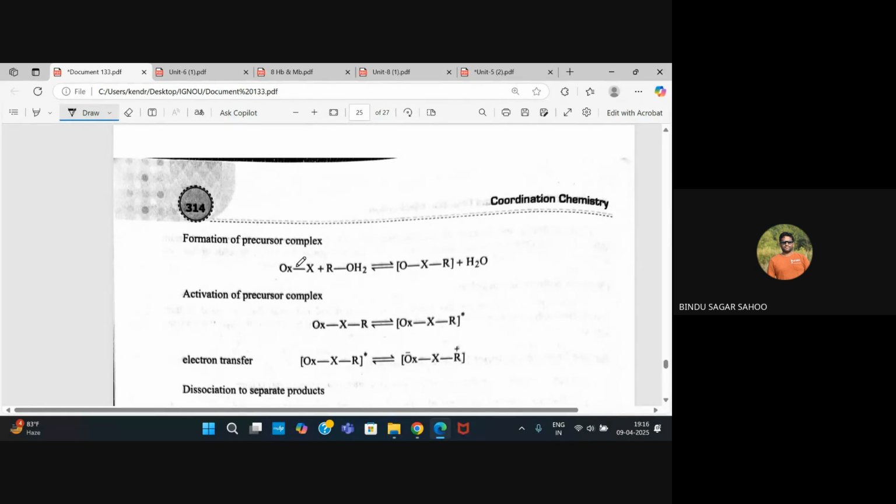That means the oxidant part contains the bridging ligand X, and this X will donate a pair of electrons towards the reductant, and it will form O-X-R. This is called activation of precursor, or formation of the precursor complex.